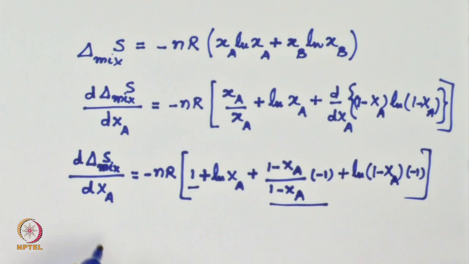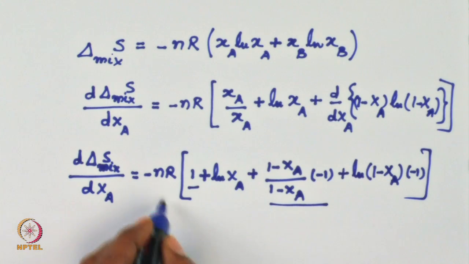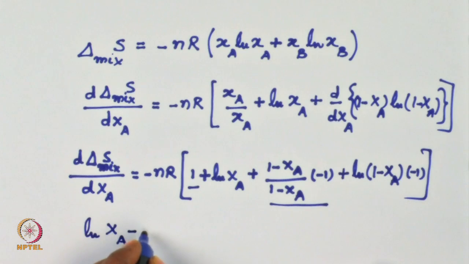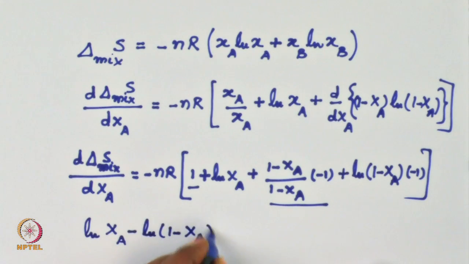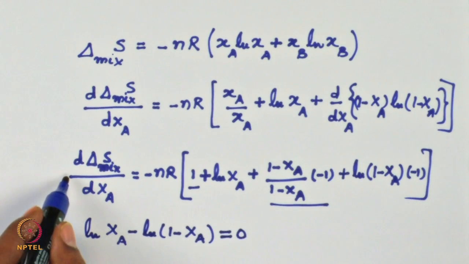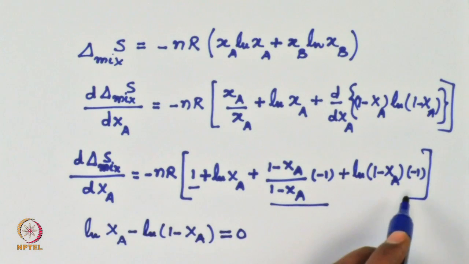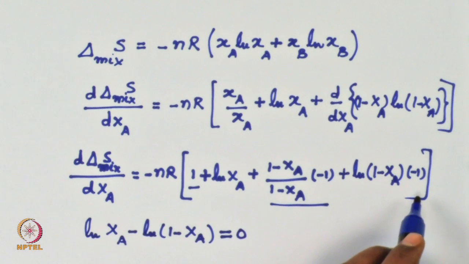What we have now within this expression is log x A minus log 1 minus x A, and we set it equal to 0. We are setting this derivative equal to 0, NR cannot be 0, therefore, whatever is there within the bracket has to be set equal to 0.